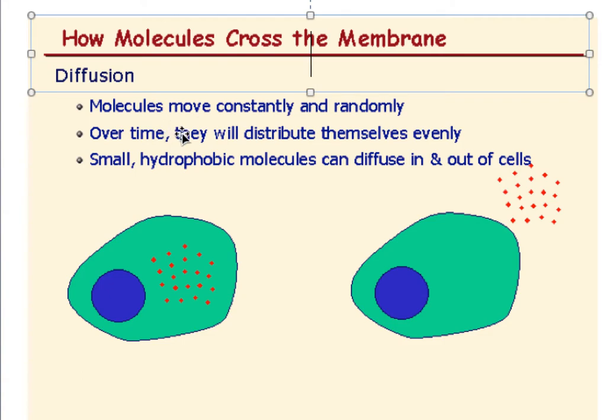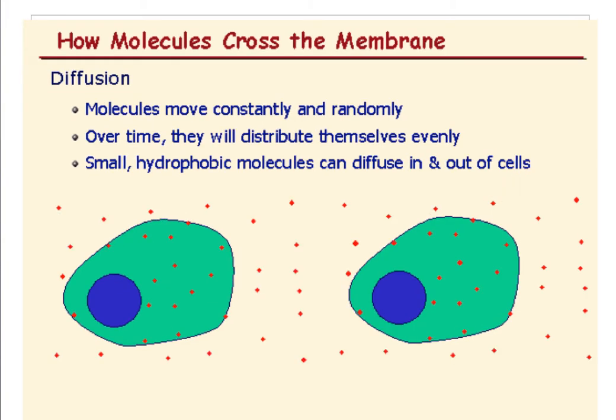So in diffusion, molecules move constantly and randomly. Over time, they will distribute themselves evenly, and small hydrophobic molecules can diffuse in and out of the cell. This process can only happen for small and hydrophobic molecules. Hydrophilic molecules or large molecules need another form of transport across the cell membrane. Alright.